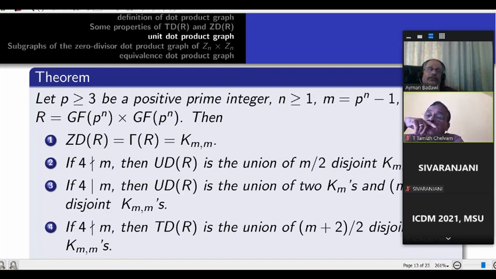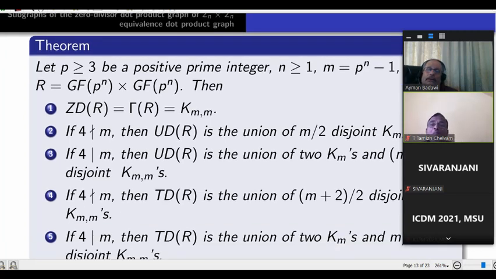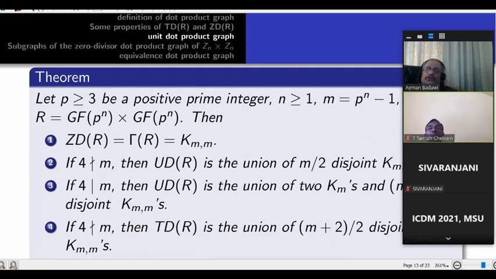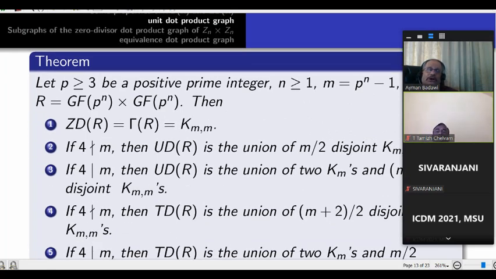This result tells me the structure of the unit dot product.